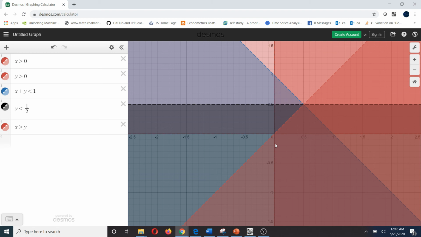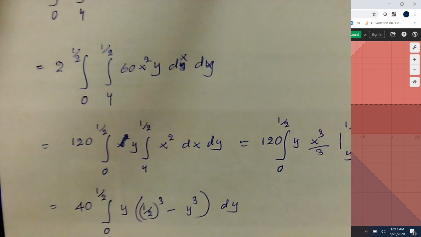So first I'm going to integrate y from 0 to 1/2, and x between y to 1/2. Then I'm going to multiply that area by 2. Then it will be a much easier problem.